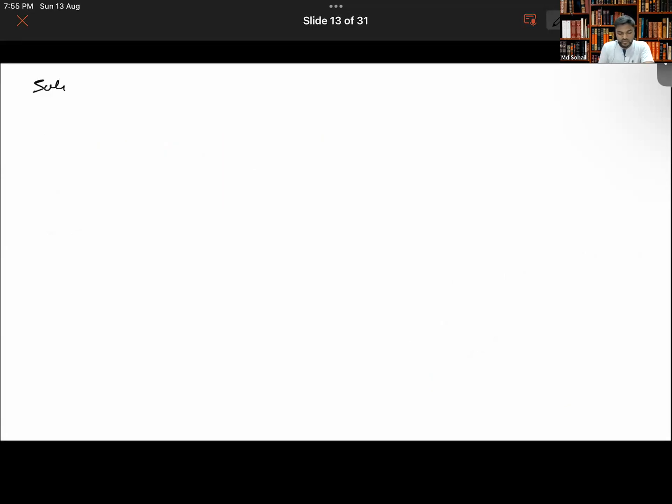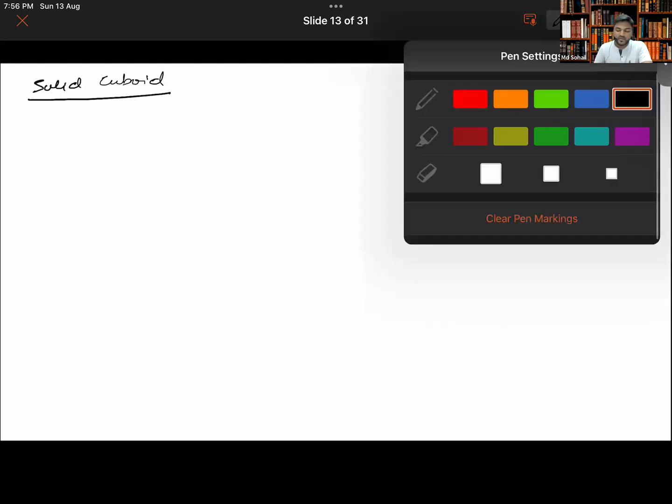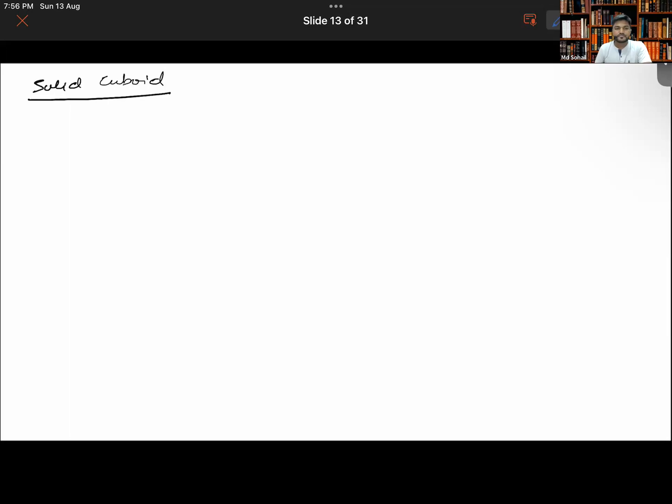Give some examples of solid cuboids, looking at the things placed in your room. What are some examples of a cuboid which you can quote? Cupboards, almirahs, and doors. Yes, a door can also be classified as a cuboid.